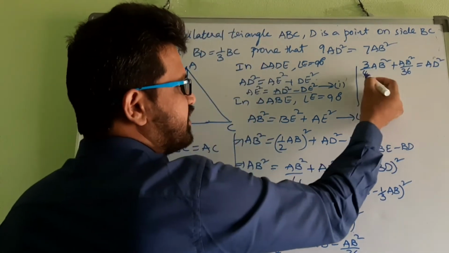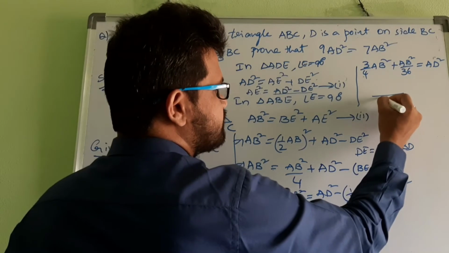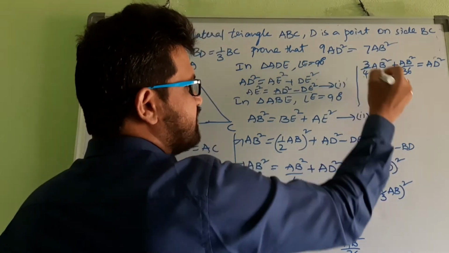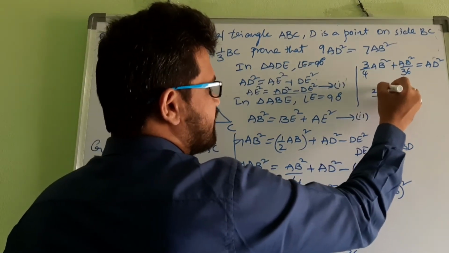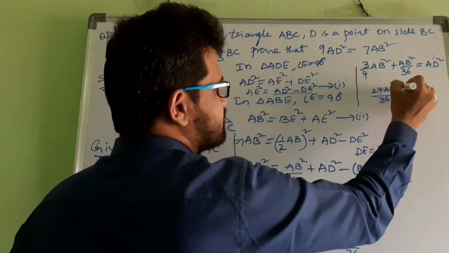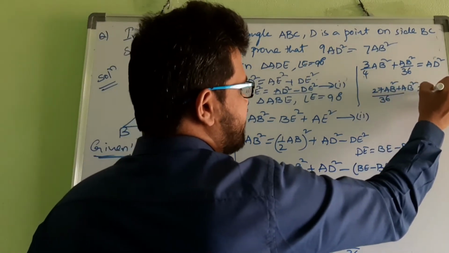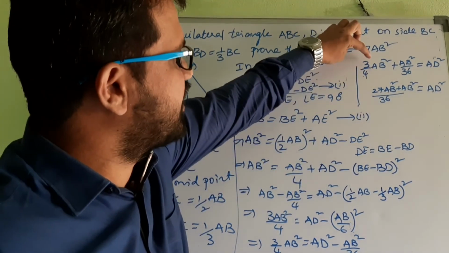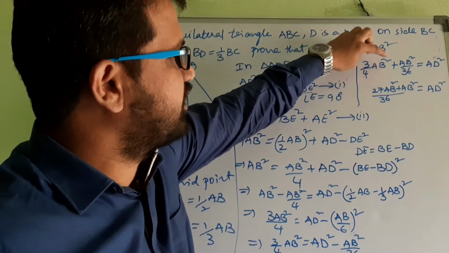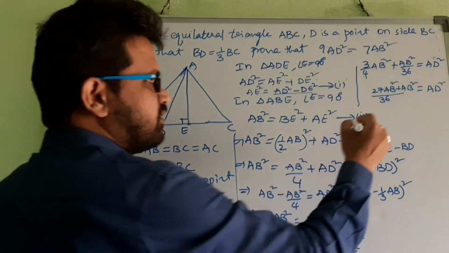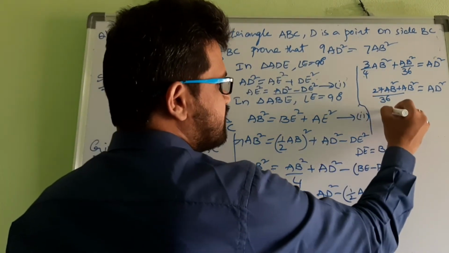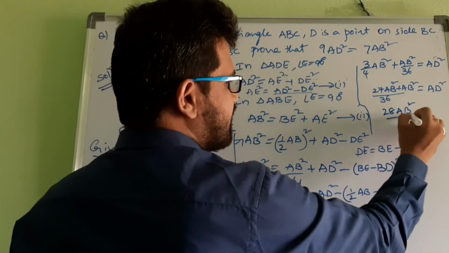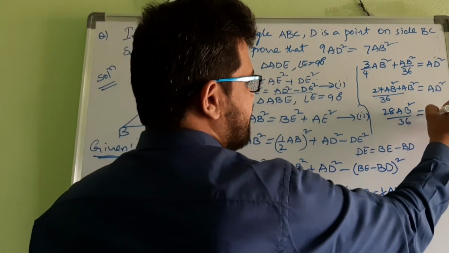What is the LCM here? 36 is the LCM. 9 3s are 27, so 27 AB square plus AB square; 9 4s are 36. So 27 plus 1, 28. 28 AB square by 36 is equal to AD square.